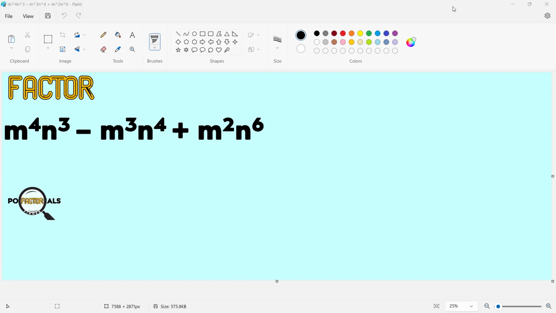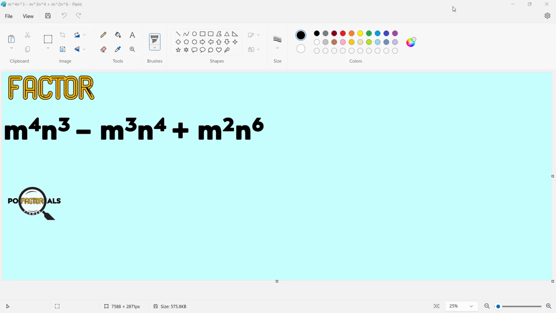This is a trinomial expression, and based on our guide, we need to start with the common monomial factoring with regards to the greatest common factor of all these three terms, and then we need to examine further if the resulting trinomial, after taking out the common factor, can be subjected into further steps. So we are going to use the common monomial factoring here first.